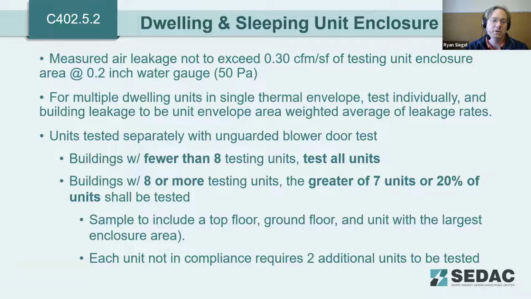You can either test each unit individually, which generally would be preferred, such that you can verify that the envelope of each unit does isolate properly from one unit to the next. This will also help with sound transmission and potential cooking odor transmission and the like. So testing individually would be the preferred method. However, you can test the entire building and verify that envelope.